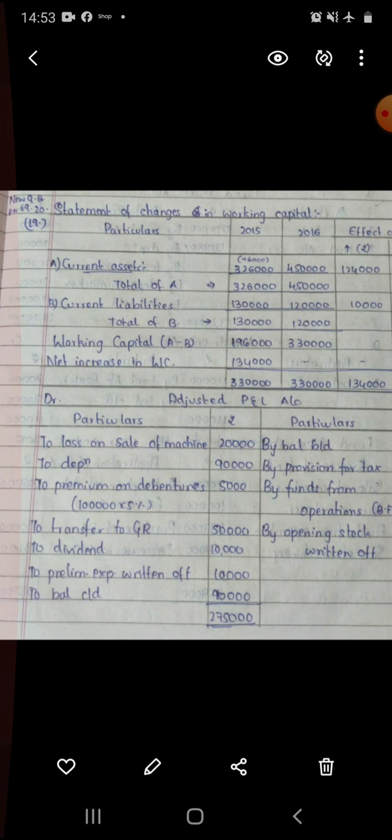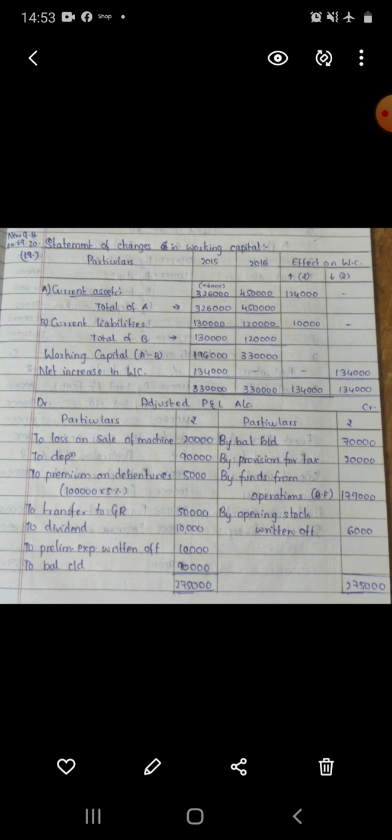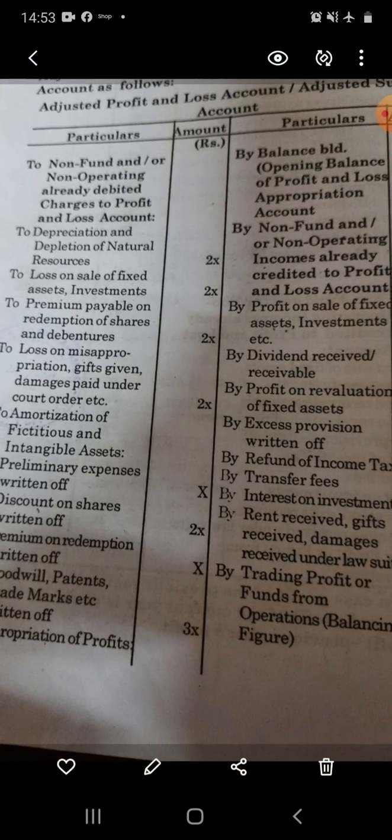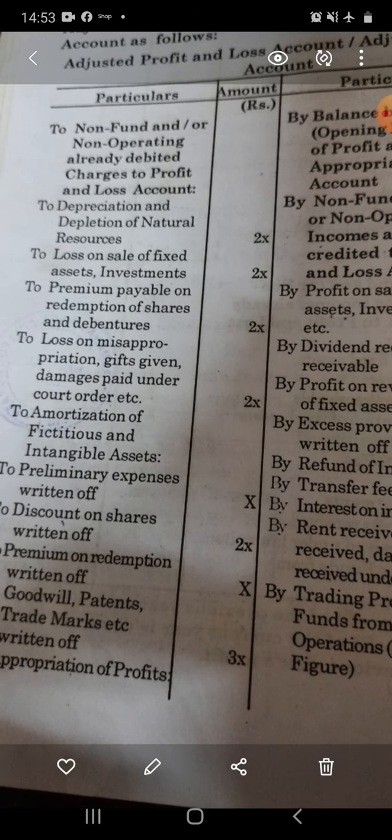I will show this format. See, this is the adjusted profit and loss account. On the debit side, we write the non-fund or non-operating expenses, all the non-cash expenses, which are debited to the profit and loss account.